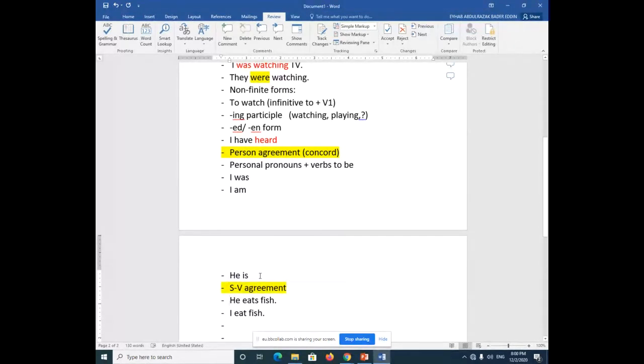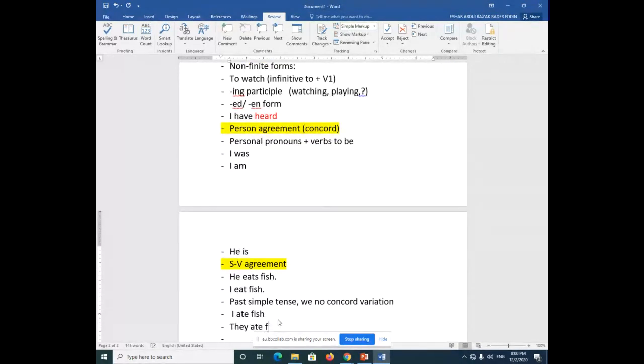Clear? Now it is interesting also to know that in the past simple tense, we have no concord variation. Why is that? Because we say I ate fish and they ate fish, right? And also in past simple and past perfect, it's the same thing.